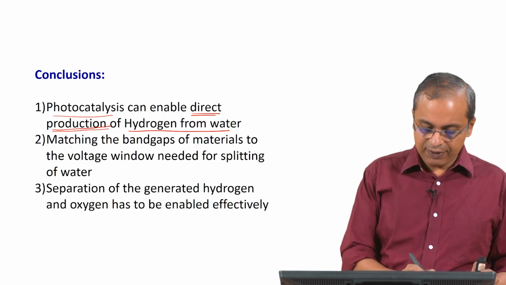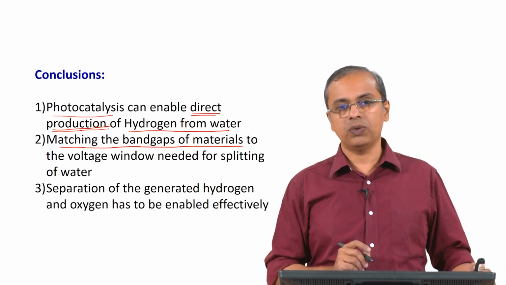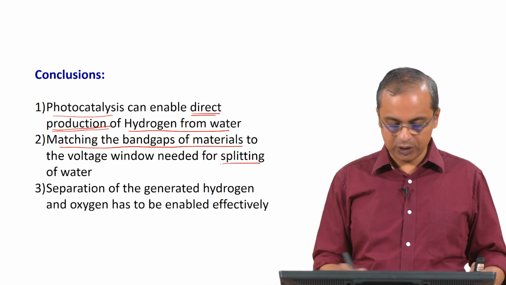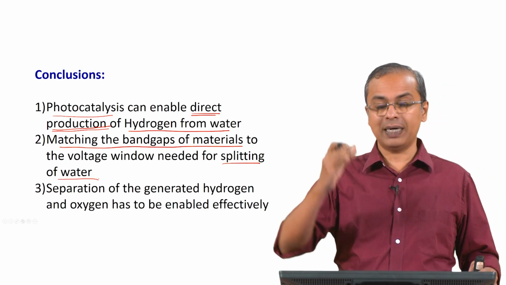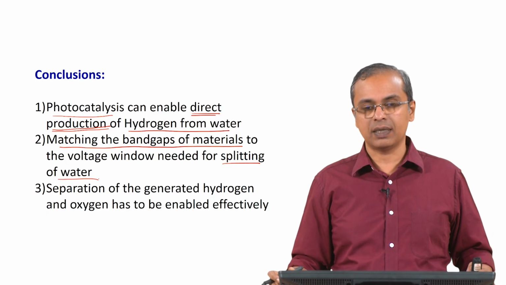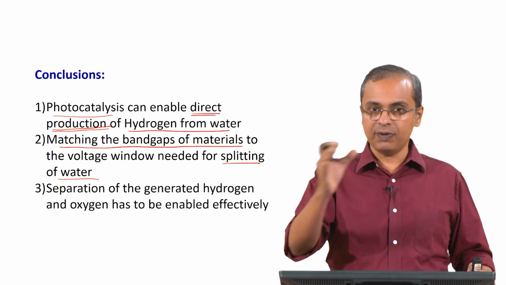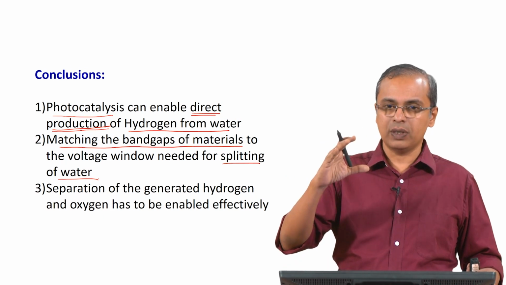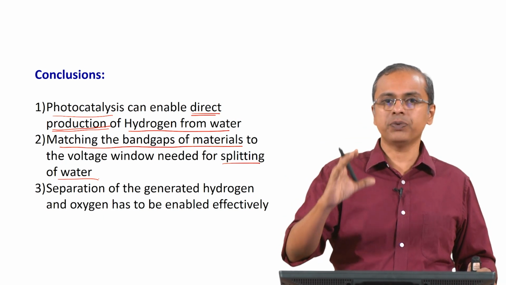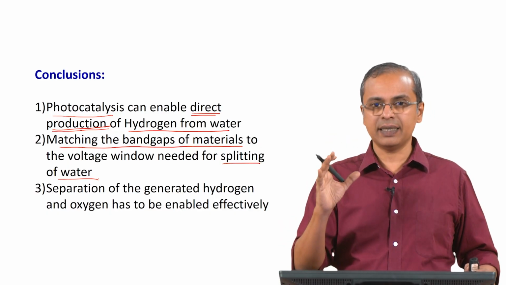We also discussed the fact that matching the band gap of the materials to the voltage window needed for splitting of water is important. We have to understand what is that band gap, we have to understand those band positions, and you have to understand where is this water splitting voltage window that is present. And only when you understand those will you be in a position to properly do this process and actually generate the hydrogen in an effective manner.